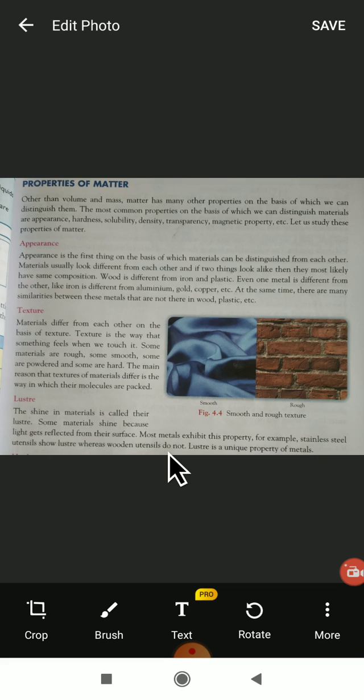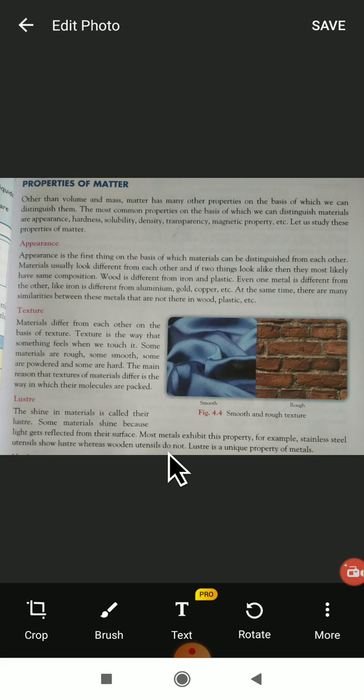The materials which are made of wood will not show the luster property, because wood does not have a shiny nature. If you take an example of utensils in your kitchen, the plates and glasses made of stainless steel will show this luster property because they reflect.